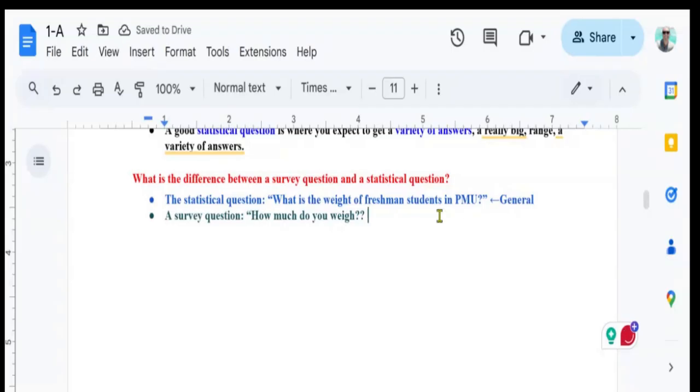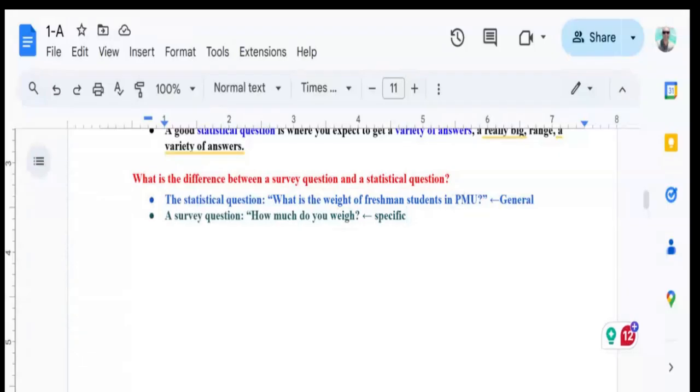But this one is more specific. Remember, both of them measure the same thing, right? We measure the weight. But in general, we should bring the question, bring the answer. What is the weight of freshman students in BMU?